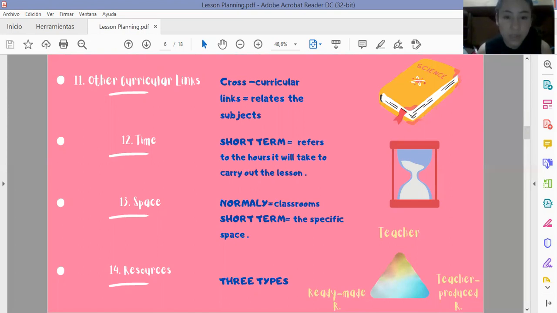So the teacher is not just a facilitator, but also an important material. Then we have the ready-made resources, which are those that were not made for this specific purpose, but the teacher decided to include in the lesson. And last, we have teacher-produced resources, which are those that the teacher designed for this specific lesson. Next, please.